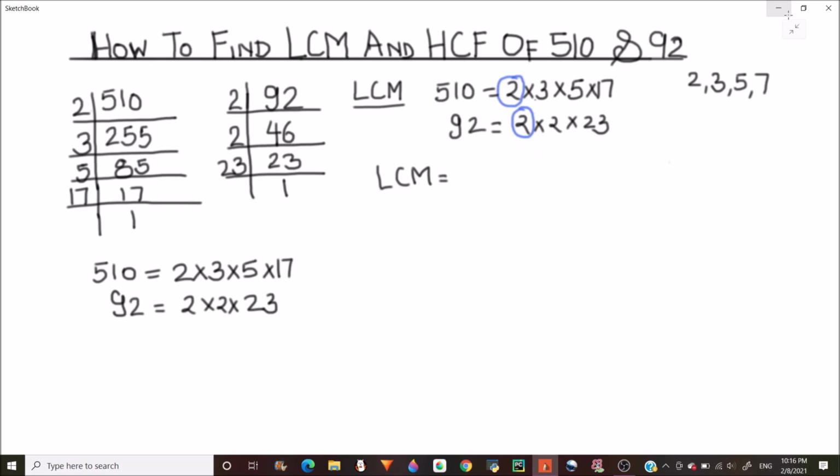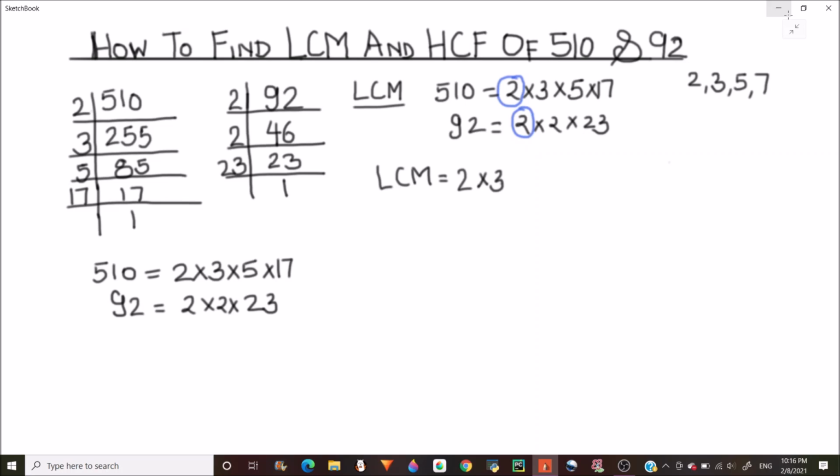LCM is the product of the common factor, which is 2, and all the uncommon factors. So for finding the LCM, we have to take the common factor only once and take the product of all the factors. So here we have taken 2 only once, and now we'll write all the factors which are left.